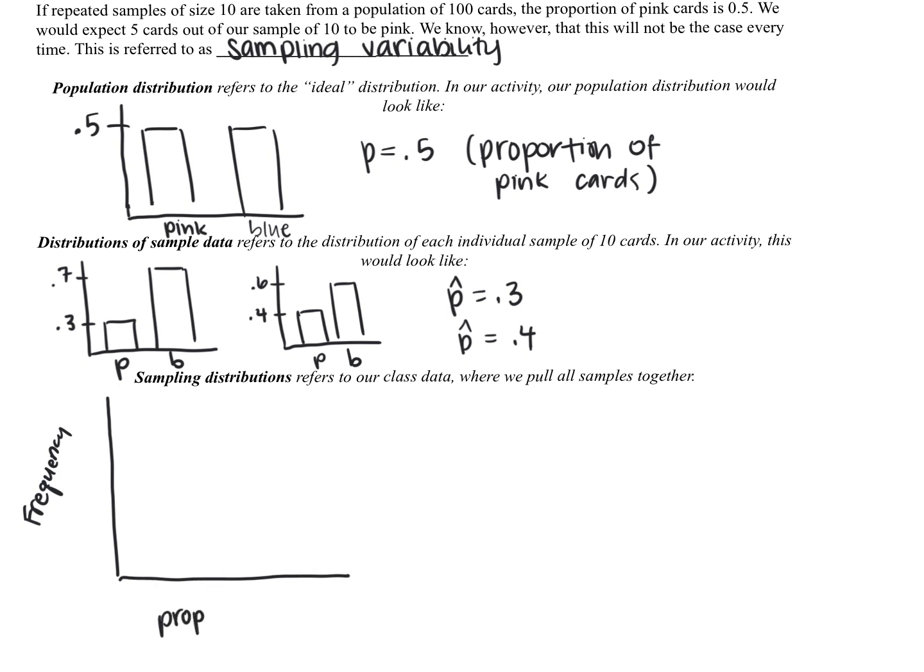So now we're only looking at the proportion of pink cards. We're not looking at pink and blue, we're only looking at pink. And you can have 0, 0.1, 0.2, 0.3, 0.4, all the way up to 1, because all of them could have been pink. And then you're just drawing your distributions.